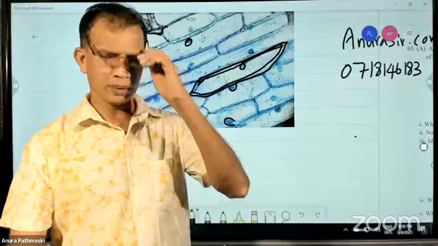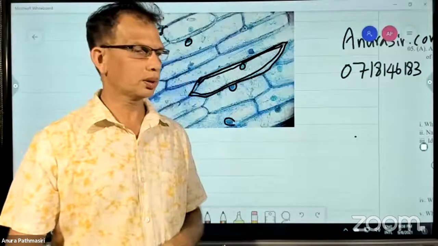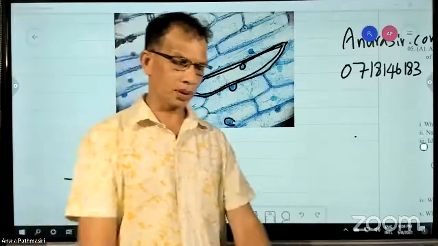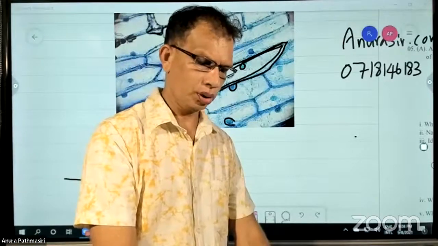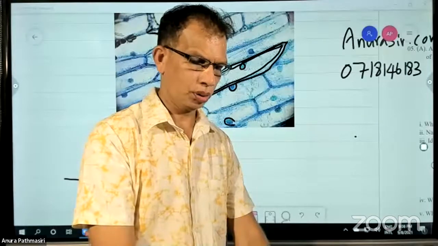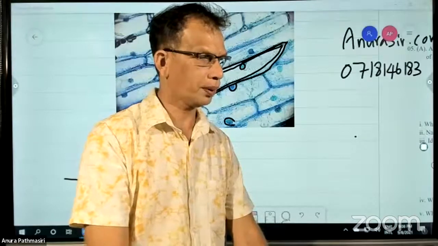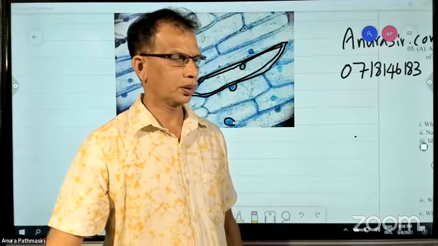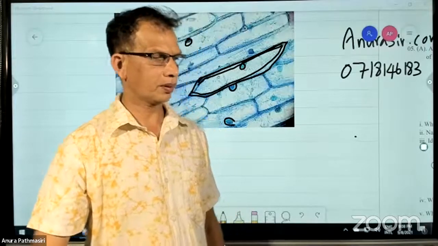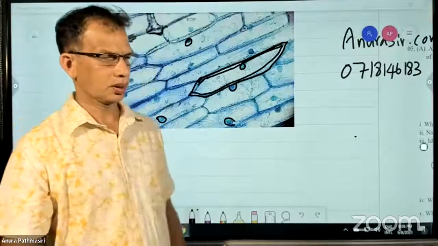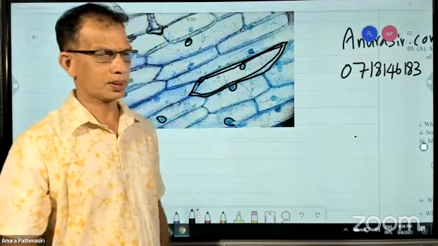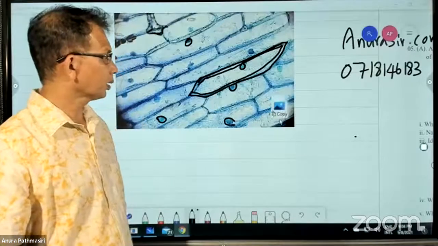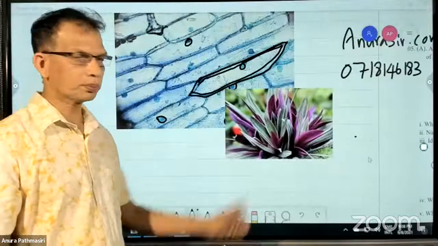And you can even see plant cells from the epidermis of the rhoeo plant, the purplish colored plant. We can get the epidermis of the rhoeo plant as well.